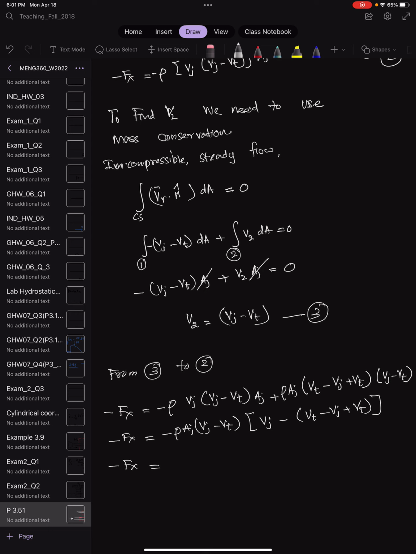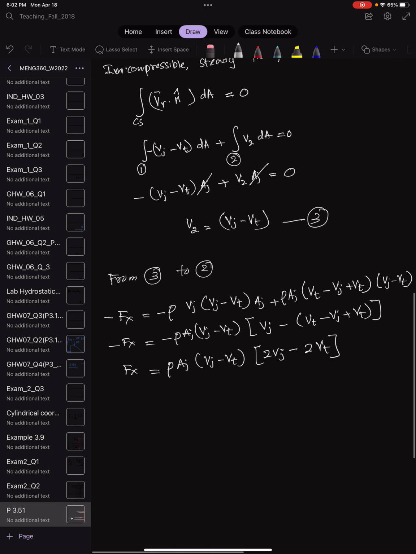I can multiply both sides by a negative sign, so I can remove the negative sign. Rho Aj Vj minus Vt, and then from here this is going to be positive twice Vj minus 2 times Vt, and I can take 2 out. We have fx equal to 2 rho Aj Vj minus Vt squared. So that's our fx value.